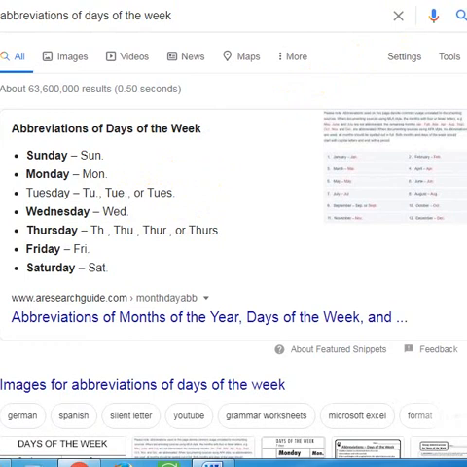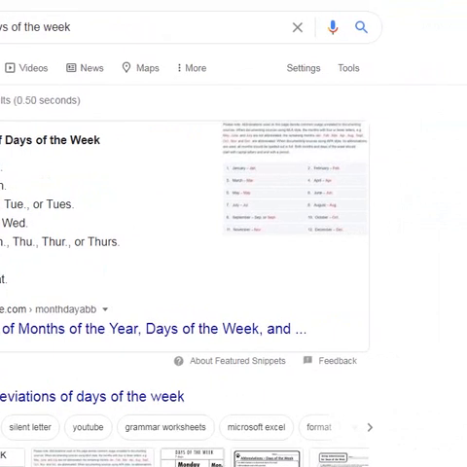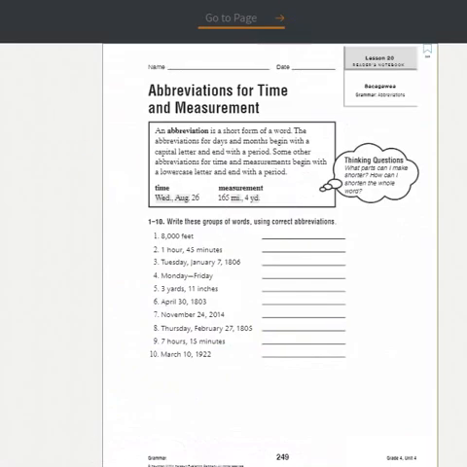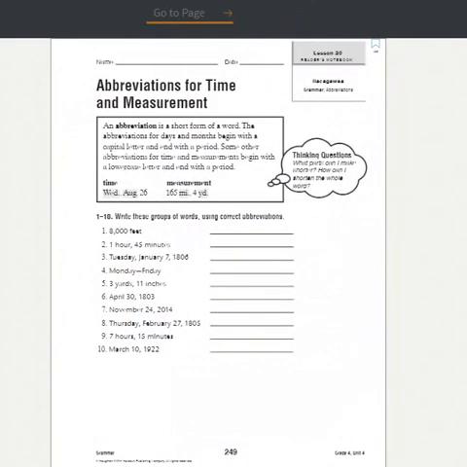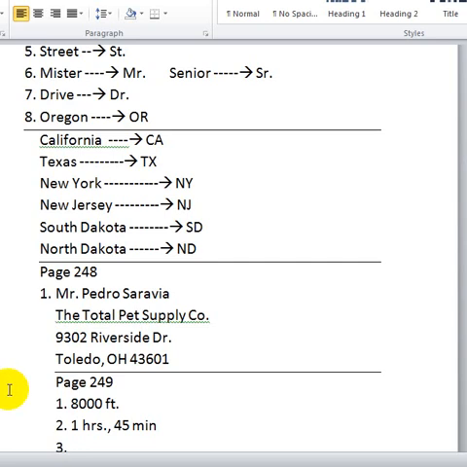So you guys can take a screenshot of that, Google it yourself, and have them for your own reference. Be mighty helpful. Okay. So, Tuesday, January 7th, 1806. So we're going to have Tuesday become Tues like this and a period.